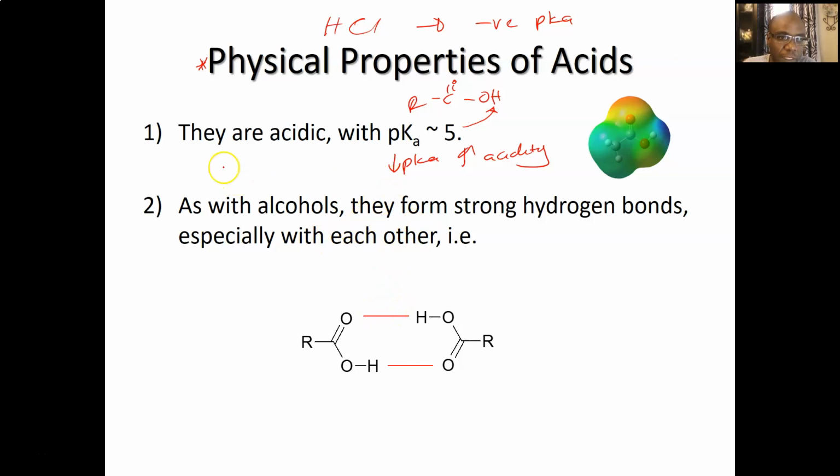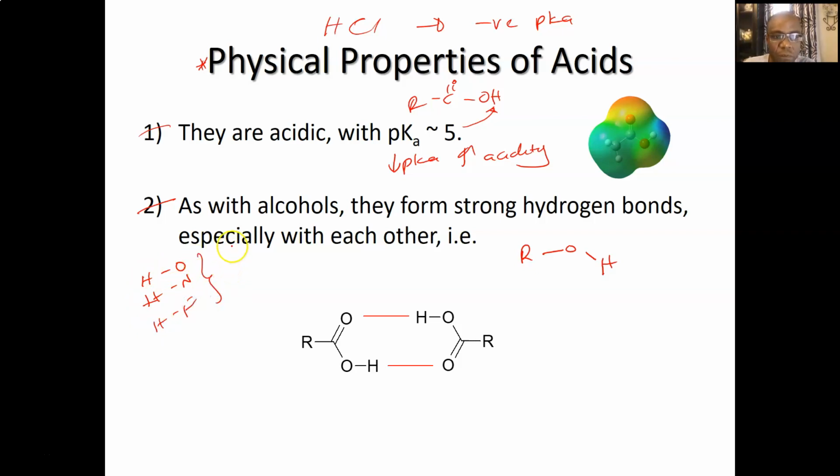Alright, so the other physical property is they form hydrogen bonding just like alcohols. Remember what we said with alcohols? Hydrogen bonds can be made when hydrogen is bonded to oxygen, or hydrogen is bonded to nitrogen, or hydrogen is bonded to fluorine.